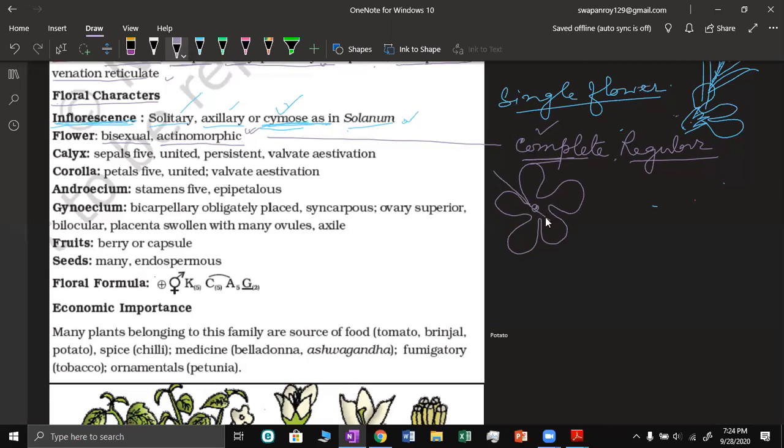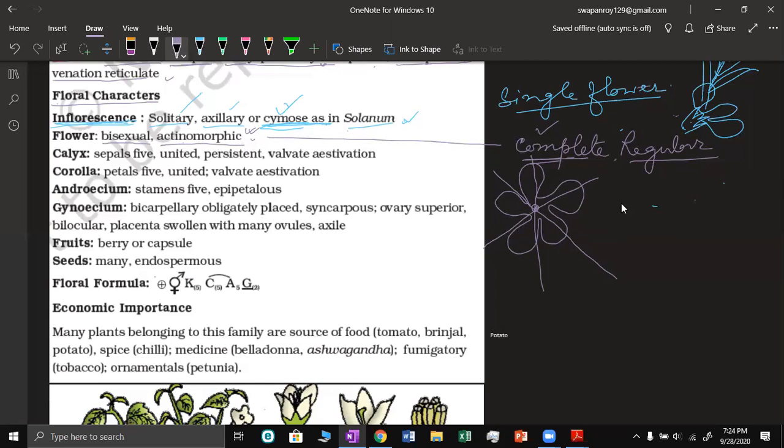So the flower can be cut into two halves through any plane. All these regular, uniform flowers are actinomorphic. So this flower is actinomorphic.